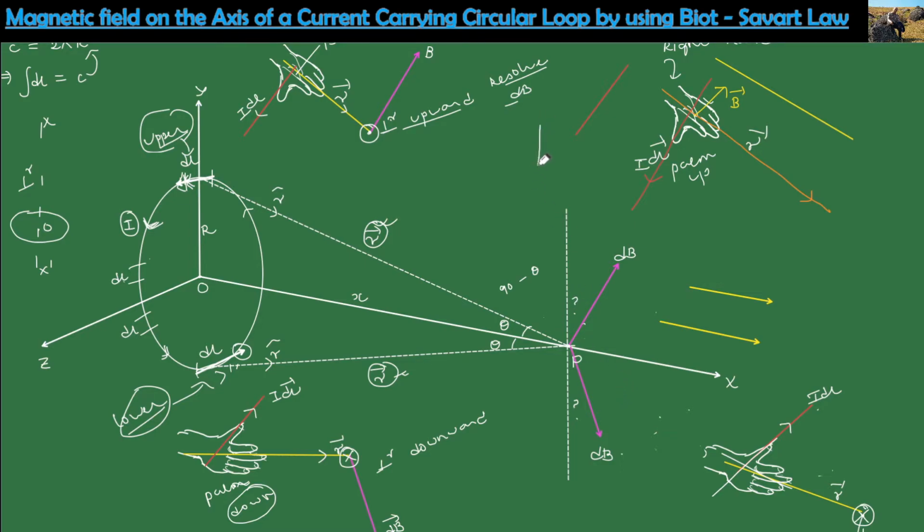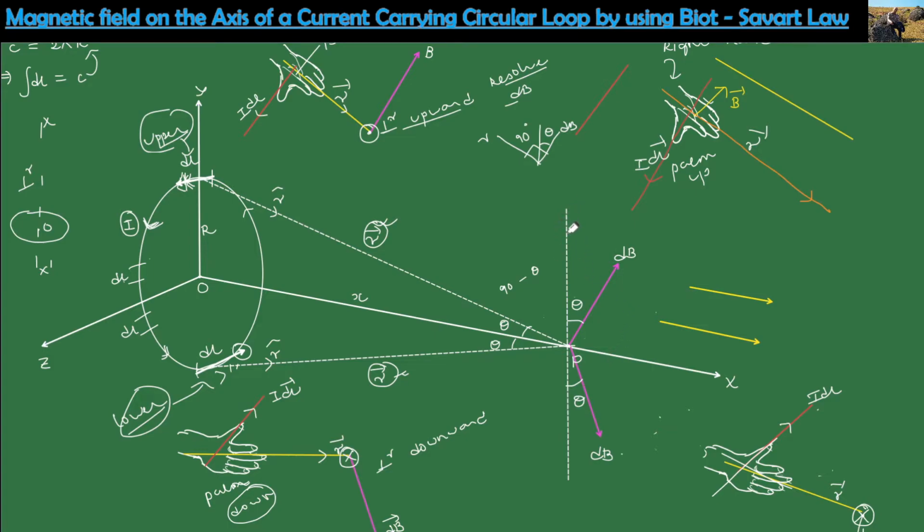So from here this will be one line, and this will be another line due to dB. This will be the line due to R. If you look at this small angle over here, that angle will be 90°. If you try to prove it, you will find that the angle within this question mark will be equal to theta. You work out the mathematics by yourself. So from here, this angle will be theta, and also that angle will be theta.